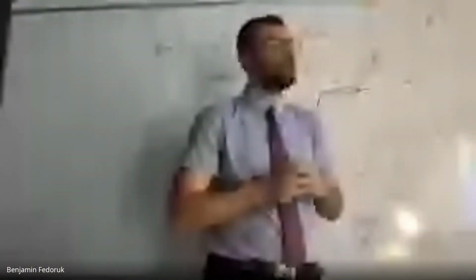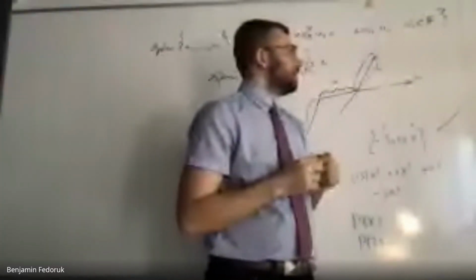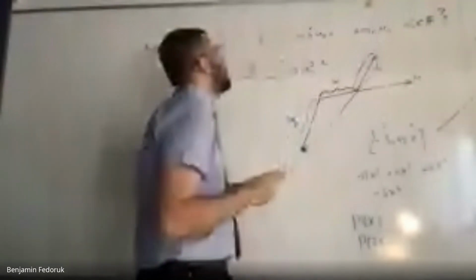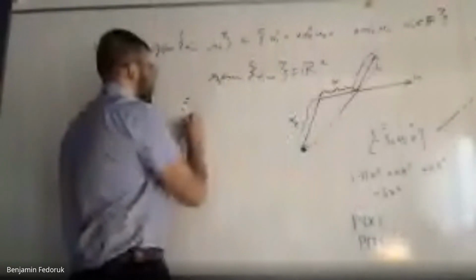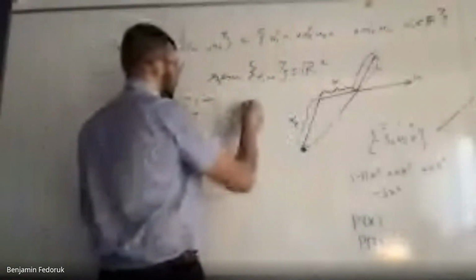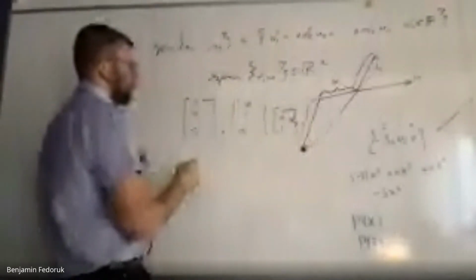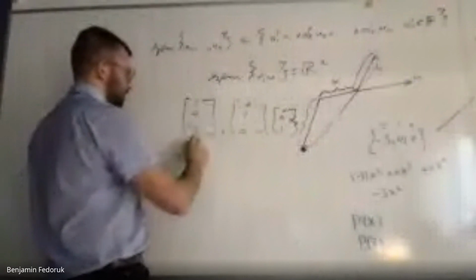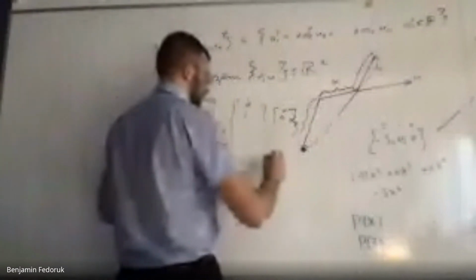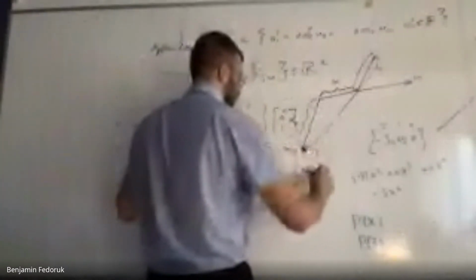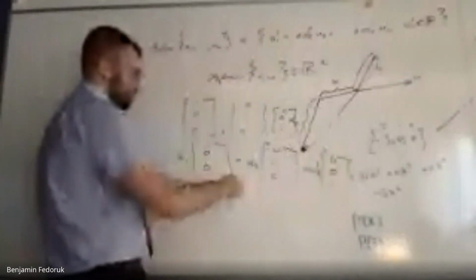Yeah? How do you prove a set spans a vector space? As an example, if you picked the vectors (1, 0, 0), (0, 1, 0), and (0, 0, 1), then you do alpha 1 times this vector, plus alpha 2 times this vector, plus alpha 3 times the last vector, right? What you do is you write it out like this first, and then you try and simplify it, right?